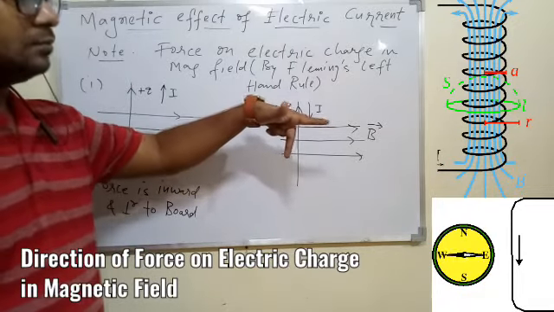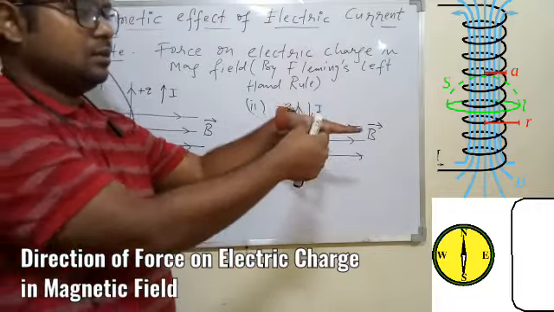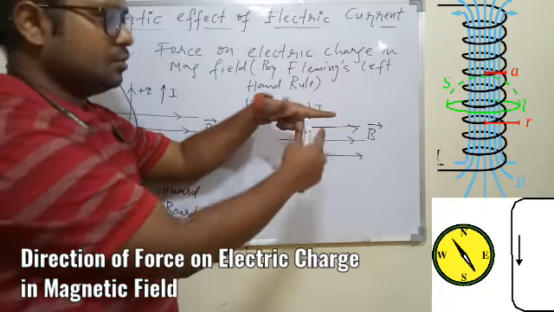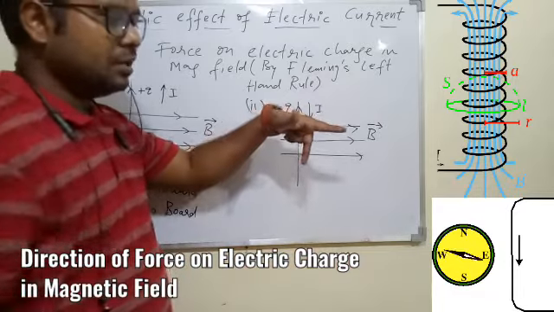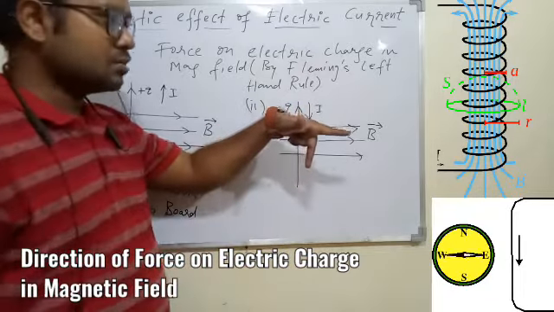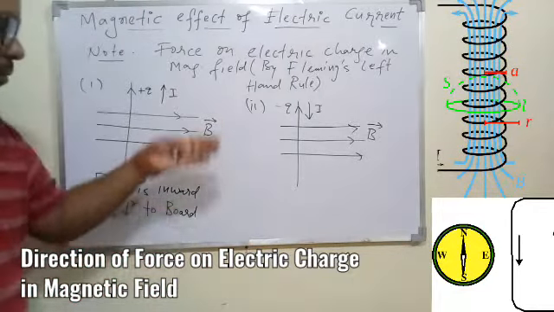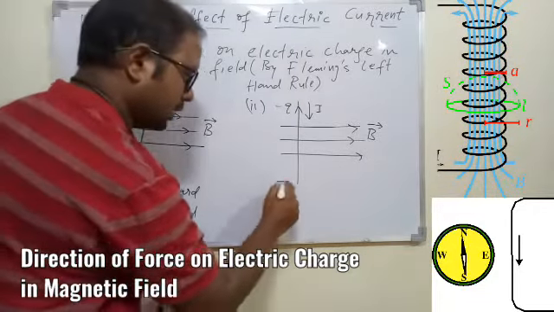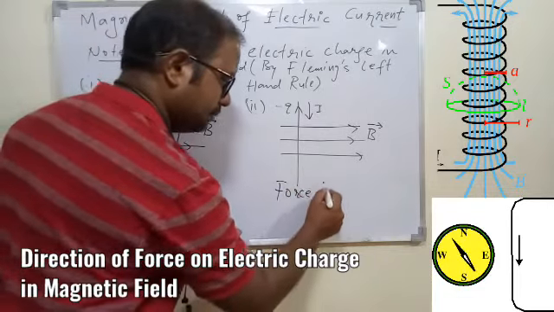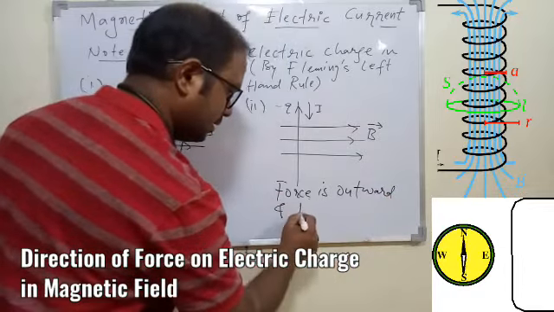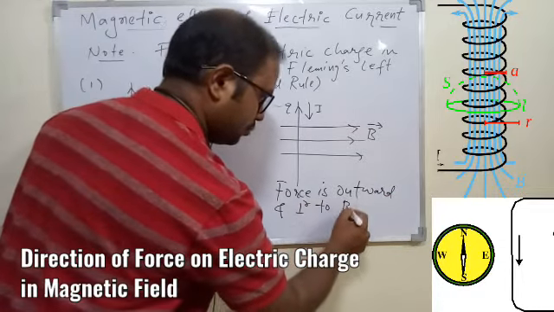Thumb is pointing towards you, towards my camera, current is downward, and this is the magnetic field. So thumb is pointing the direction of force. This negative charge will get the force outward and it will remain perpendicular to the board. So we can say here the force is outward and perpendicular to the board.